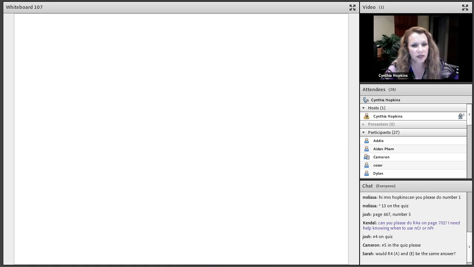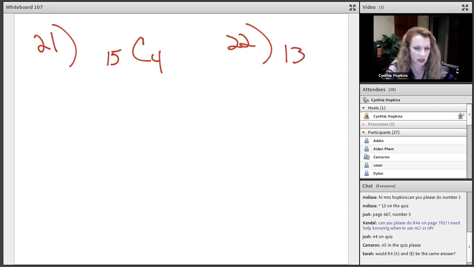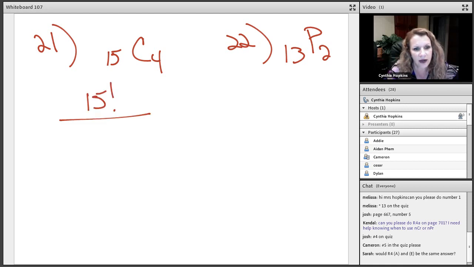So now I'm going to put it to practice on this 21 and 22. So 21 said, write out the formulas for 15C4, and then for 22, they wanted us to do 13P2. All right, so 15C4, that's going to be 15 factorial, that's my N factorial, over R factorial, my 4 factorial, and then I go 15 minus 4, which is 11 factorial.